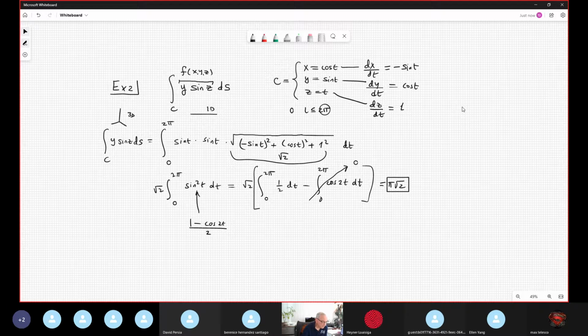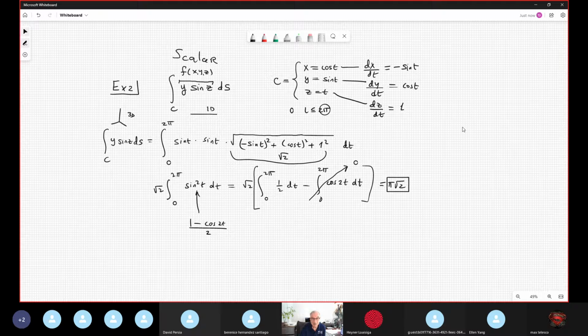Okay, but I want to complicate this more. Because the line integral we studied so far is the line integral of a scalar function. This function is scalar. So the interpretation of this, professor, is the mass of the wire. You consider that this is the linear density function.